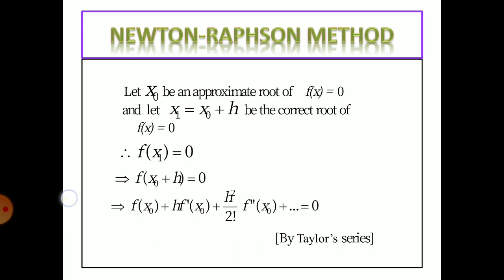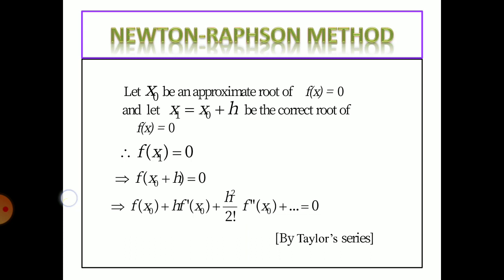Here we have written only the first three terms. The next term is h³ / 3! times the third order derivative of f(x0), plus the next term will be h⁴ / 4! times the fourth order derivative of f(x0), and so on.